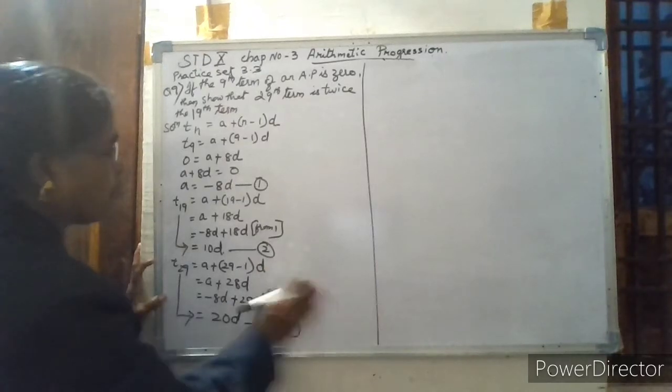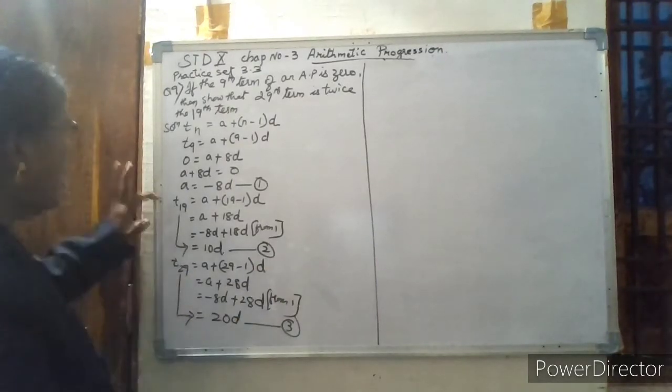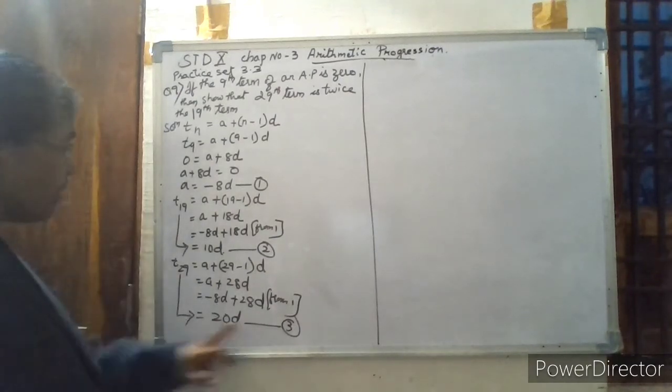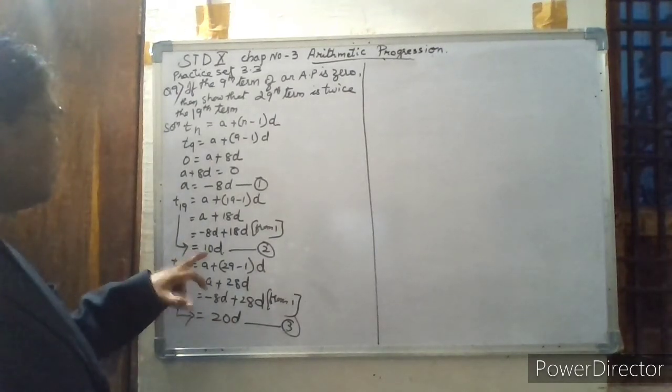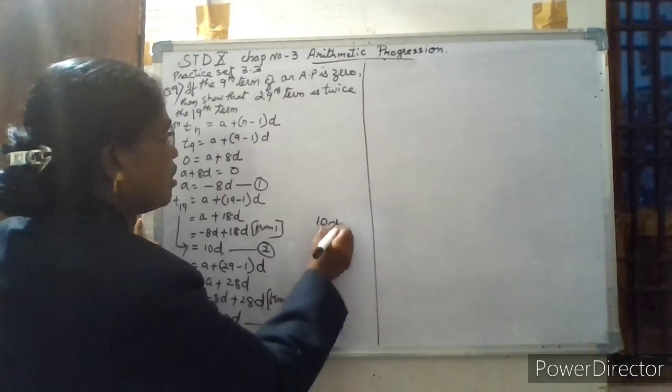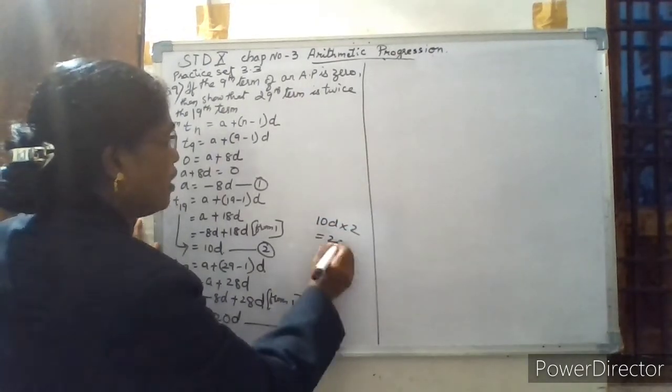Now from equations 2 and 3 we see the 19th term is 10d and the 29th term is 20d. 10d into 2, if you multiply, you get 20d.